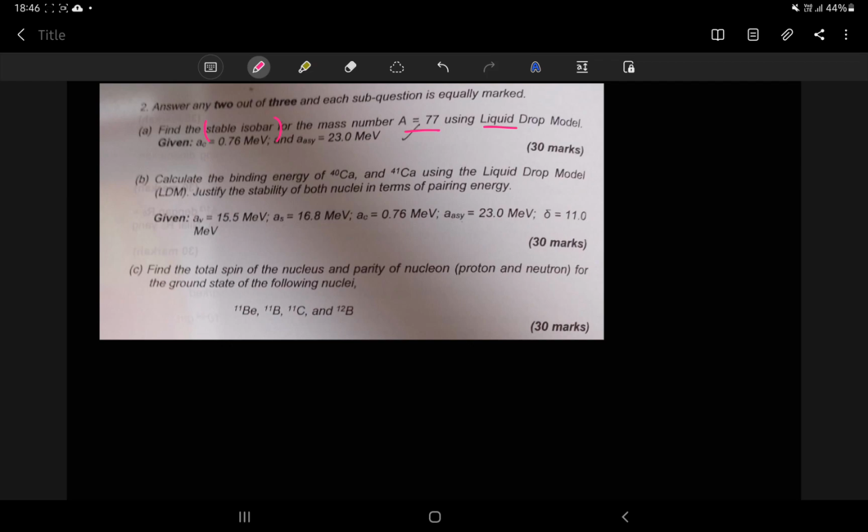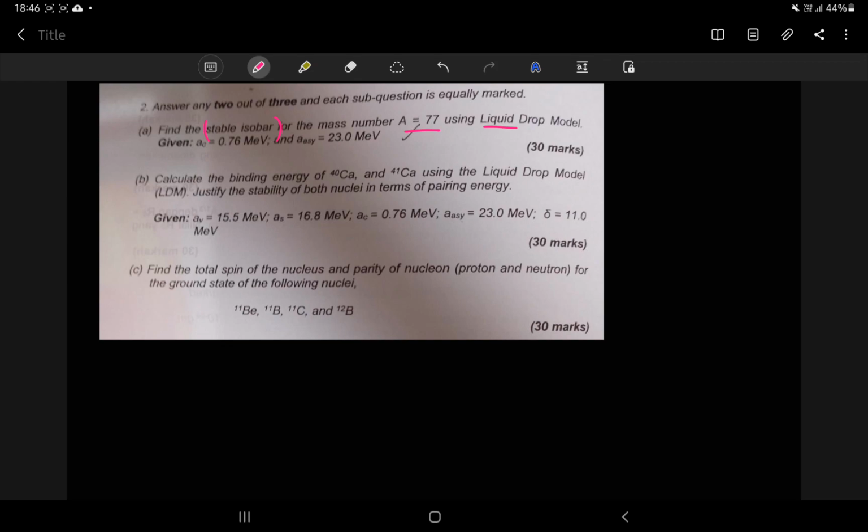As an introduction, the liquid drop model is basically a model which theorizes that the atom of an element in the periodic table that we always see is analogous to what we call a drop of liquid, for example a drop of water.